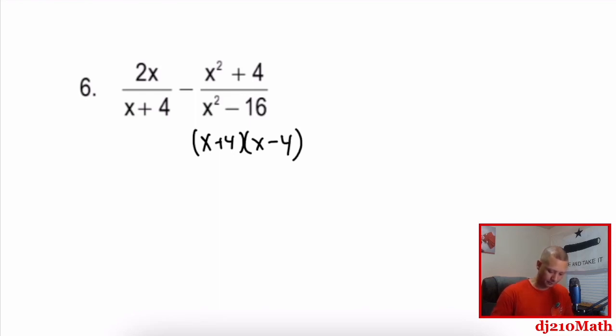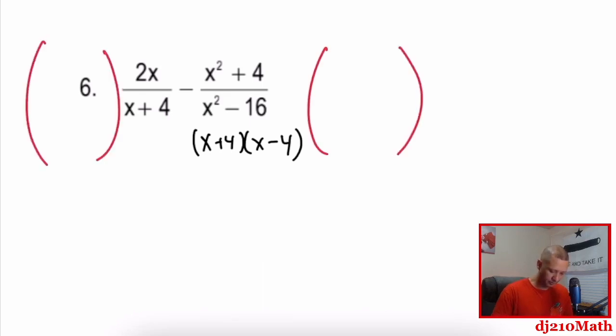Okay. Multiplying the left and the right. So on the left hand side, this is going to be x minus 4, top and bottom. Do we really need those?